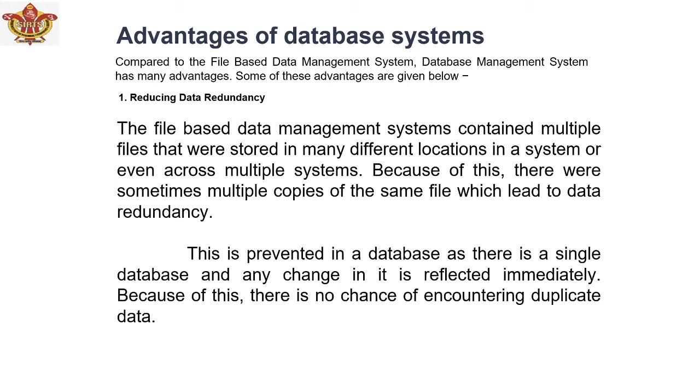The file-based systems contained multiple files stored in many different locations in a system or even across multiple systems. Because of this, there were sometimes multiple copies of the same file, which led to data redundancy. So this is called reducing data redundancy.